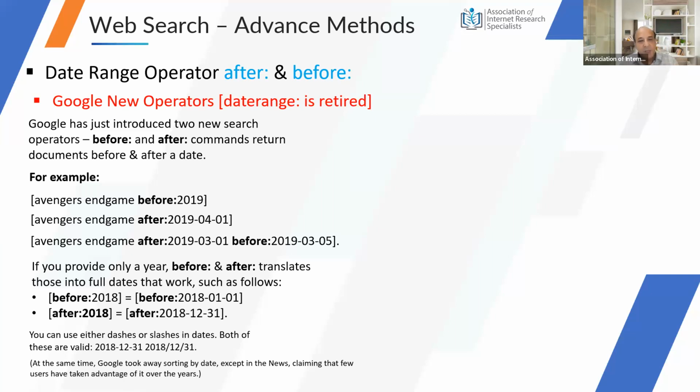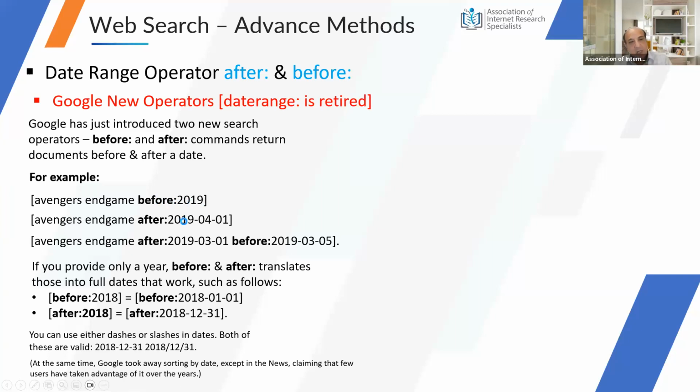For instance, this one, the third one where I'm pointing to, says after this date and before this date. So this is a kind of a date range. But if you want a restrictor just to stick to before a certain date or after a certain date, you can use it as is shown.